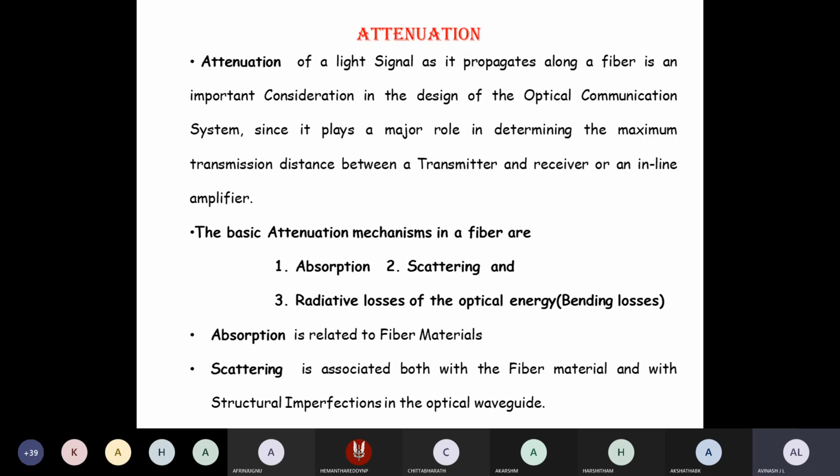The second thing that you are going to write is the basic attenuation mechanisms in a fiber: the first one is absorption, the second one is scattering, and the third one is the radiative losses of optical energy. In the bracket you write bending losses.